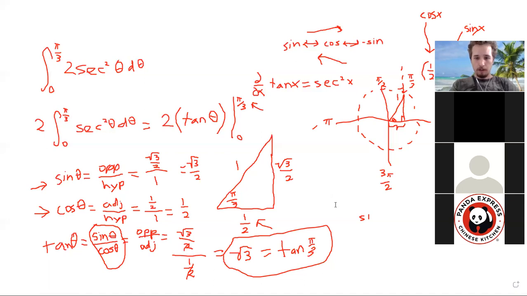Let me actually put it in the text box. For 0 radians, sine of x equals 0, and cosine x equals 1.